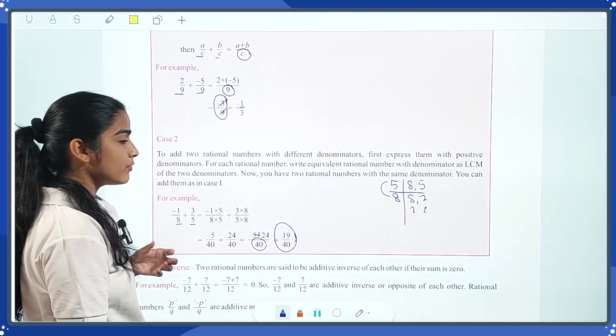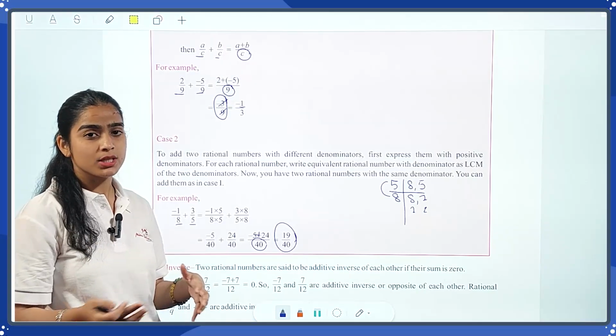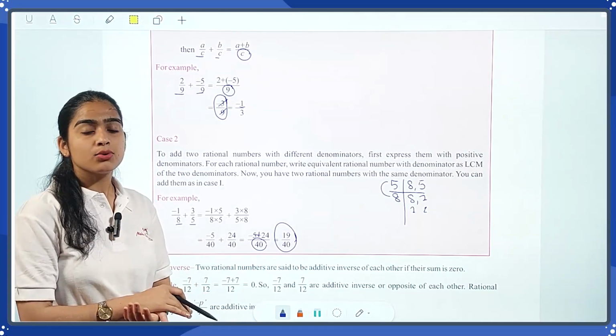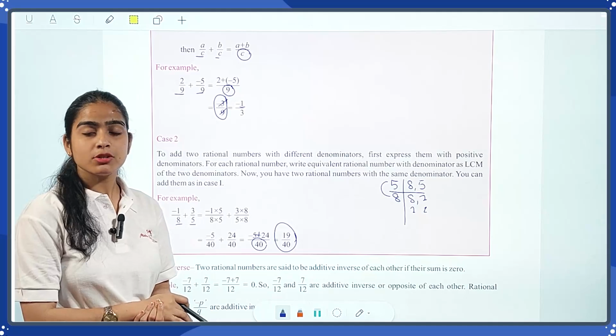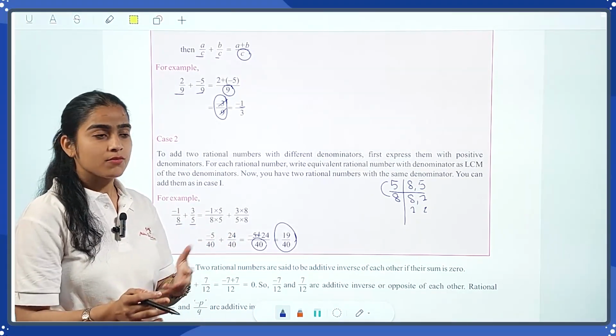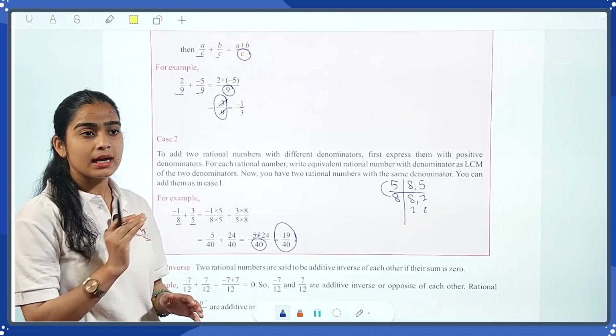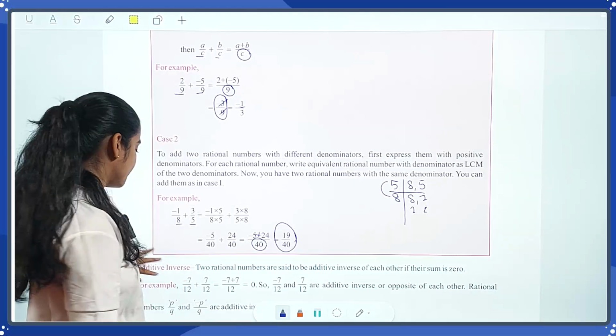Always consider, while taking the sign, which one is bigger. So you have to see those numbers in their absolute value. Absolute value means you don't focus on the signs, which is positive and which is negative. You just see the numbers only.